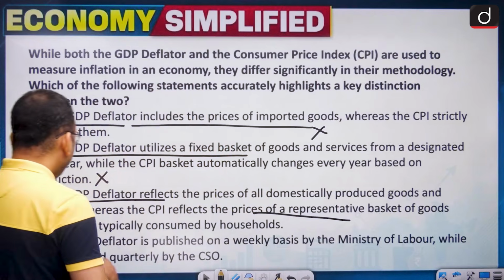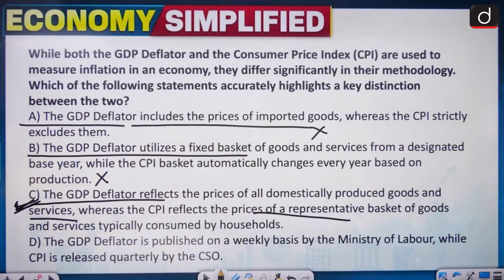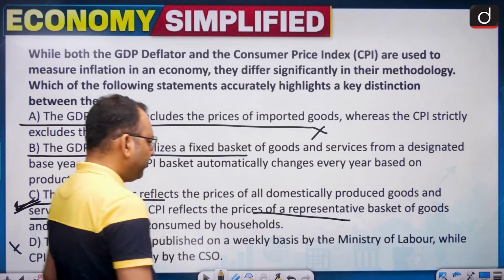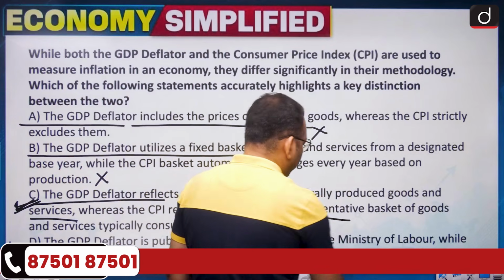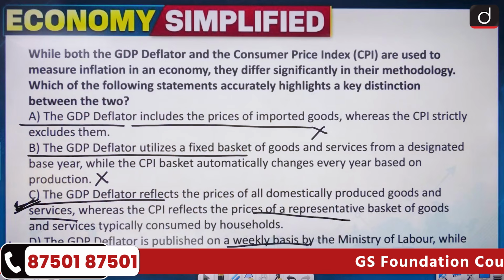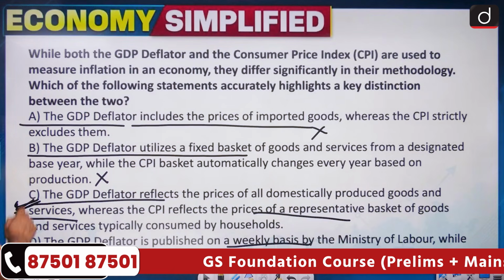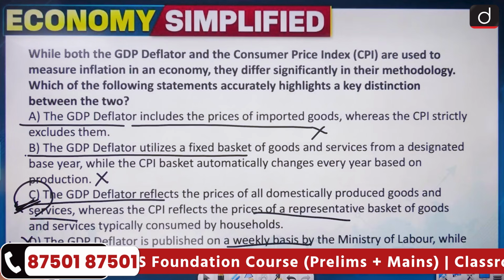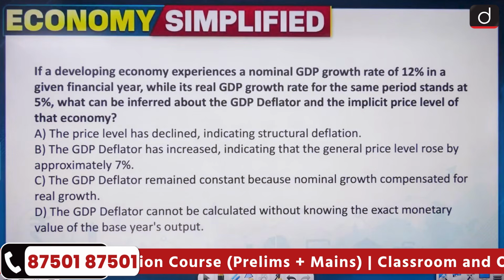So this is a correct statement. The last one is not correct, right? GDP deflator is not measured on a weekly basis, not by the Ministry of Labor. It's the GDP calculation by the NSO, right? So this is incorrect. The answer here is C. See the next question.